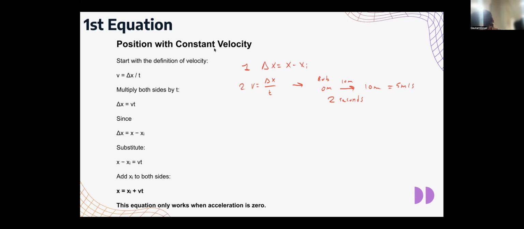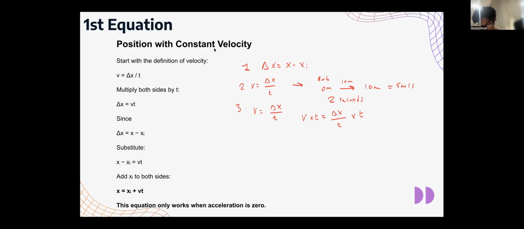The third step to know is we now want to get x by itself, right? If we want to get x by itself, what we're going to do is multiply t to both sides. I'm just going to rewrite the first equation, and now I'm going to do this: v multiplied by t equals delta x over t multiplied by t, right?